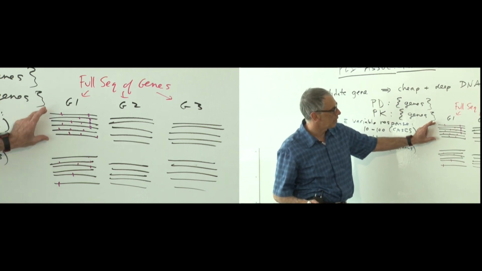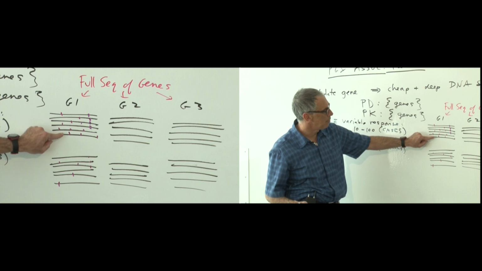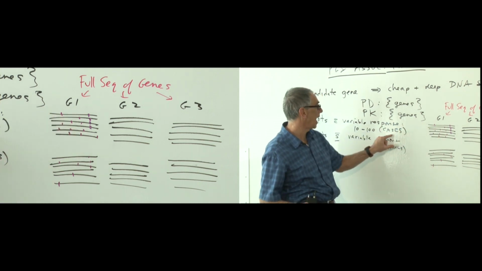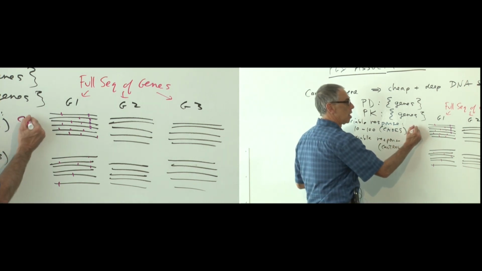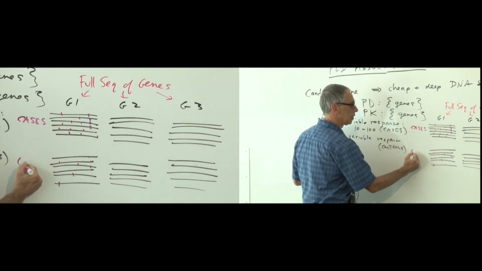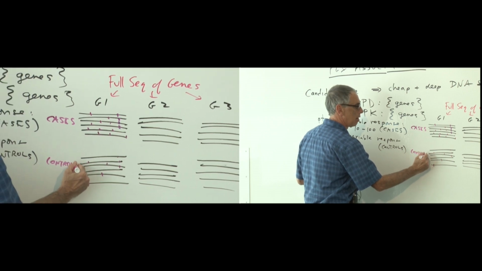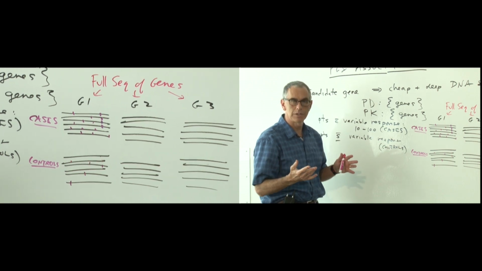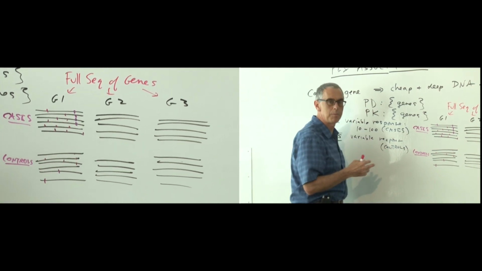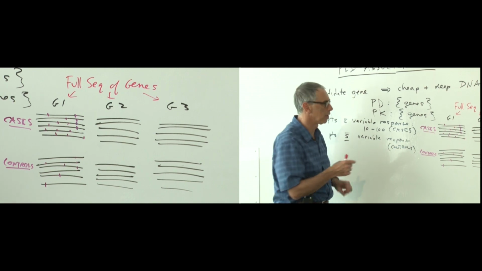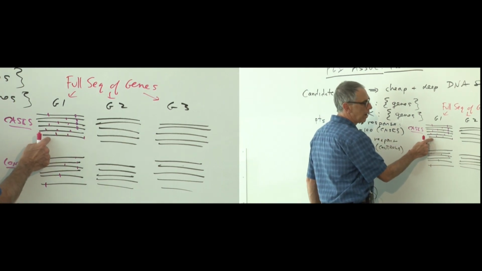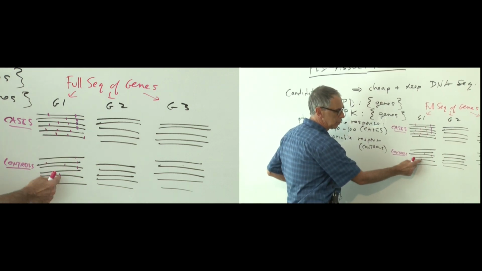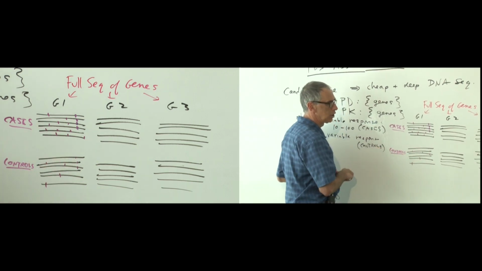I've drawn these to show that gene 1 has a lot more rare variants in it in the cases versus the controls. So if you really wanted to do this technically, you would come up with a statistic, some kind of measure, to capture the fact that the rare variation in gene 1 is much greater than the rare variation as shown by these little pink tick marks in gene 2.